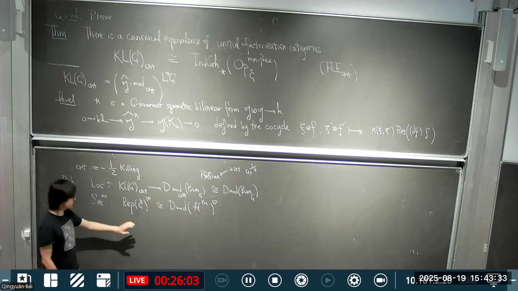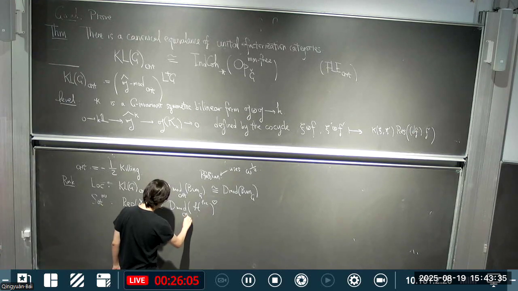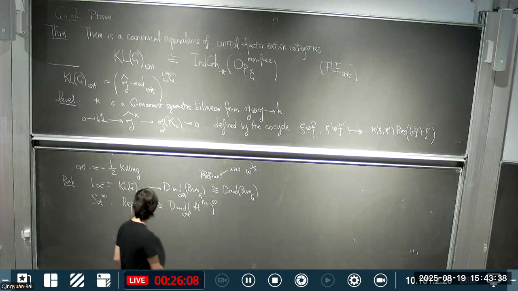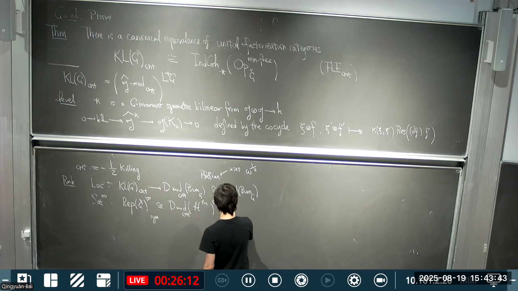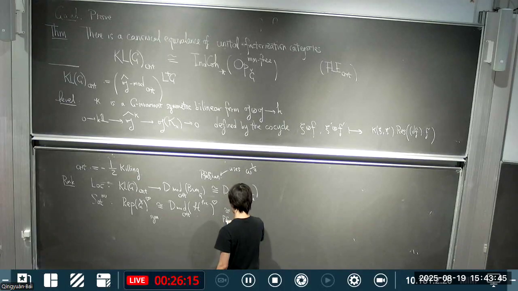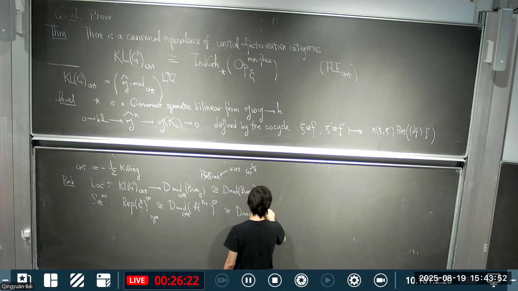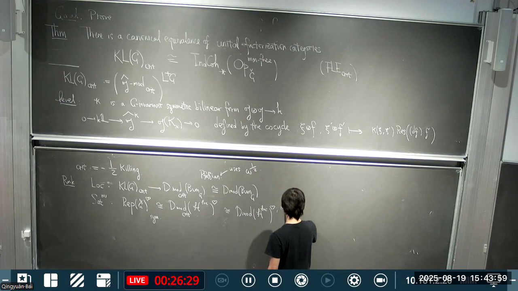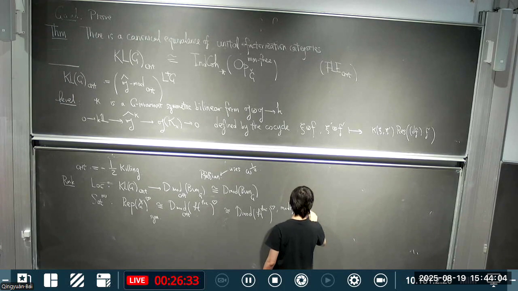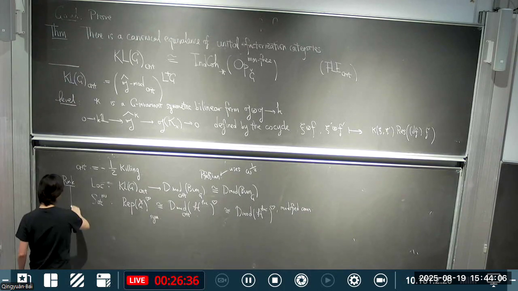And the answer is that it is absorbed by the critical level. So this is actually a symmetric monoidal equivalence, but it's only this guy that is not exactly equivalent to D-mod on the local Hecke stack, but only monoidal equivalent, with a modified commutativity constraint. So this has always been there in the whole story.